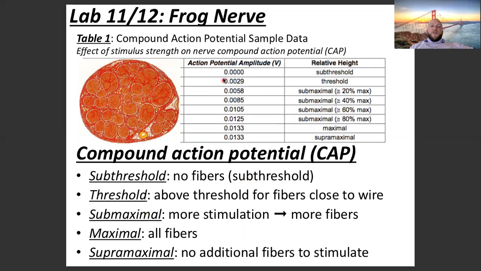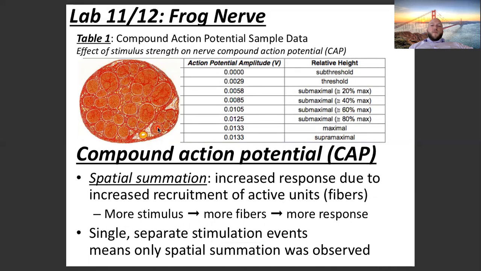So as we increase the voltage, we're going to increase the number of fibers sending action potentials. The maximal is the minimum voltage required to get a response from every single axon within the nerve. Supramaximal is above that.